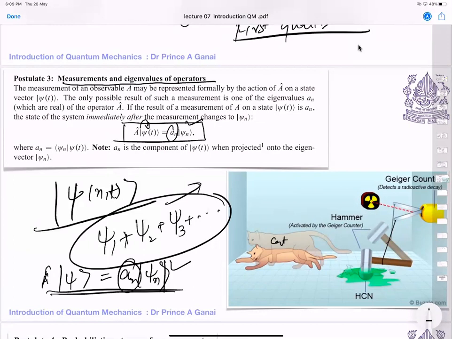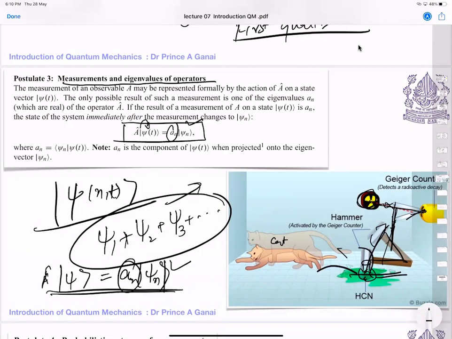In that box we have a pot which contains poisonous gas, and there is a hammer. There is a radioactive material that can emit an alpha particle and trigger a Geiger counter, which is connected with these rods. Once this mechanical system gets triggered, the hammer breaks the pot, releases the gas, and the cat dies.